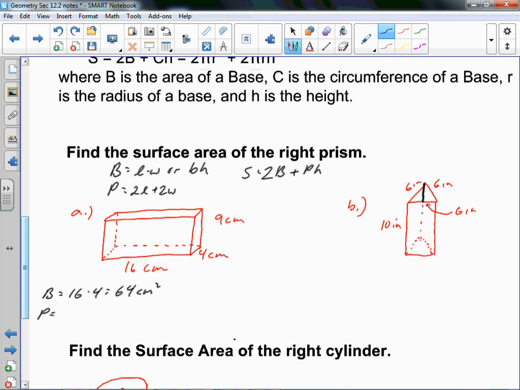For the perimeter, we have 2 times 16 plus 2 times 4. That would be 32 plus 8. 40 centimeters.